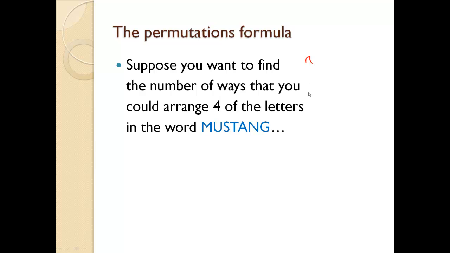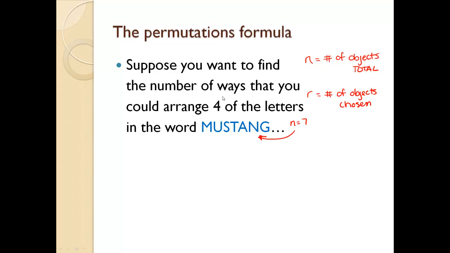There's N and there's R. N stands for the number of objects total. In this case, we said N equals 7 because there are 7 letters in Mustang. R is the number of objects chosen.